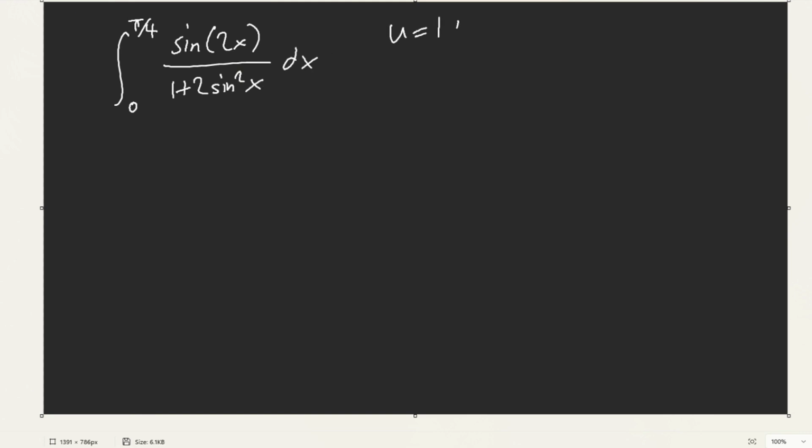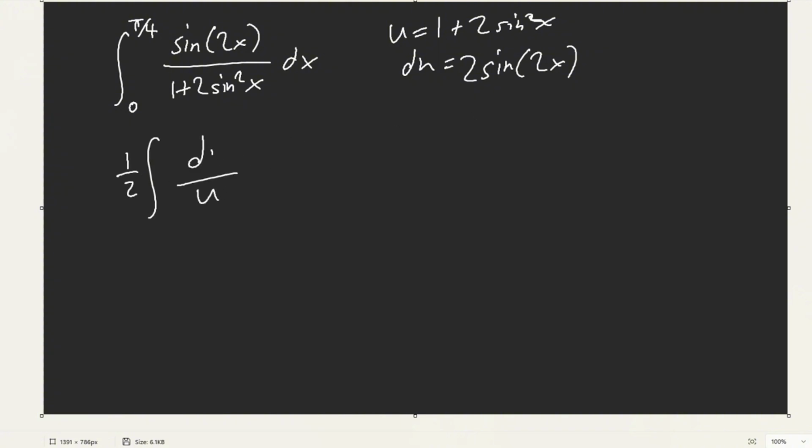I would let u equal 1 plus sine square x, then du is going to equal sine 2x dx. Okay, this is sine square. So we're u-subbing the entire denominator, and we get 1/2 of du over u. It's just so much faster.